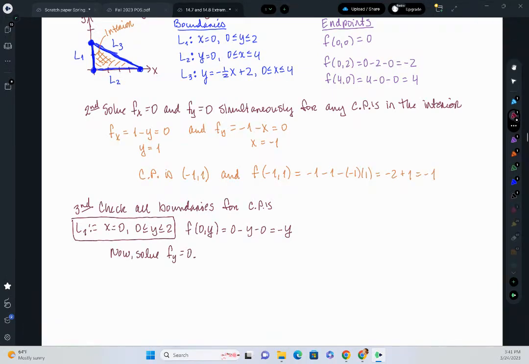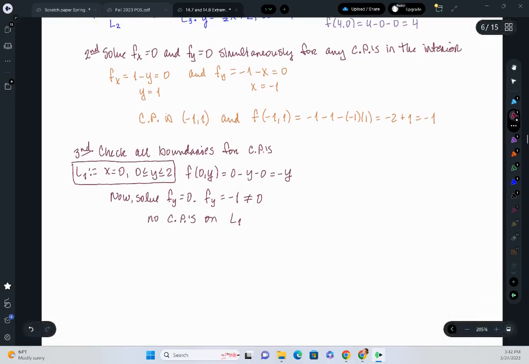When we find f sub y, we get f sub y is equal to -1, which is never equal to 0. So what does that mean? It just means that there were no critical points on that boundary. So there are no CPs on L1.